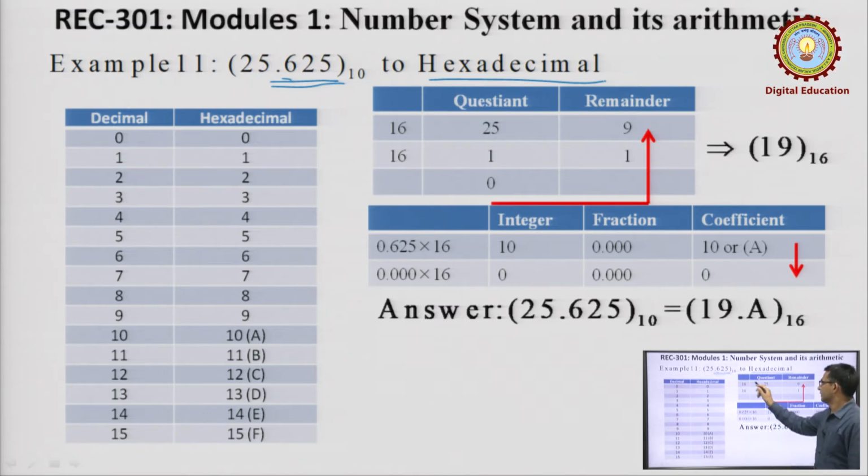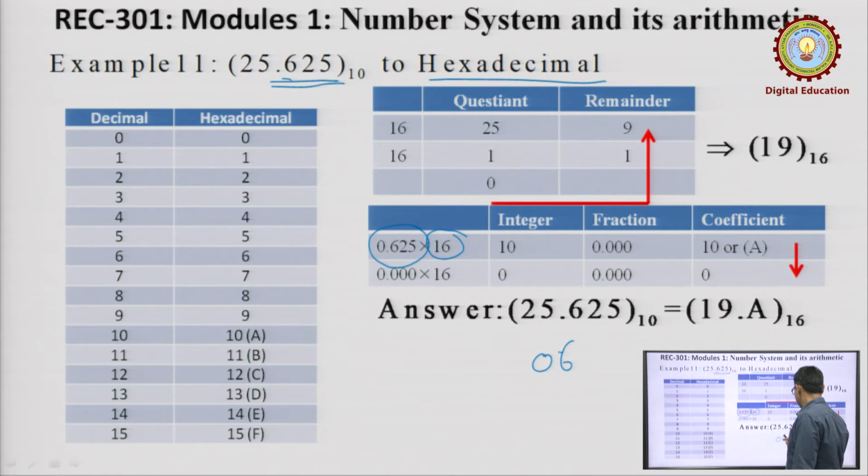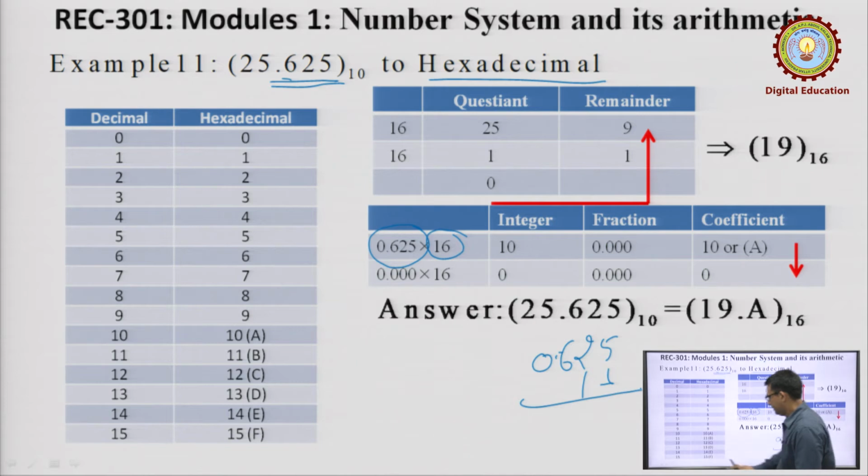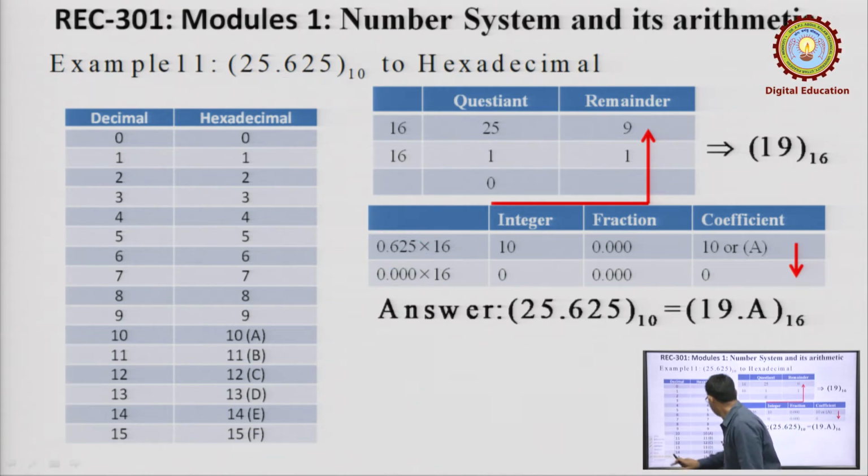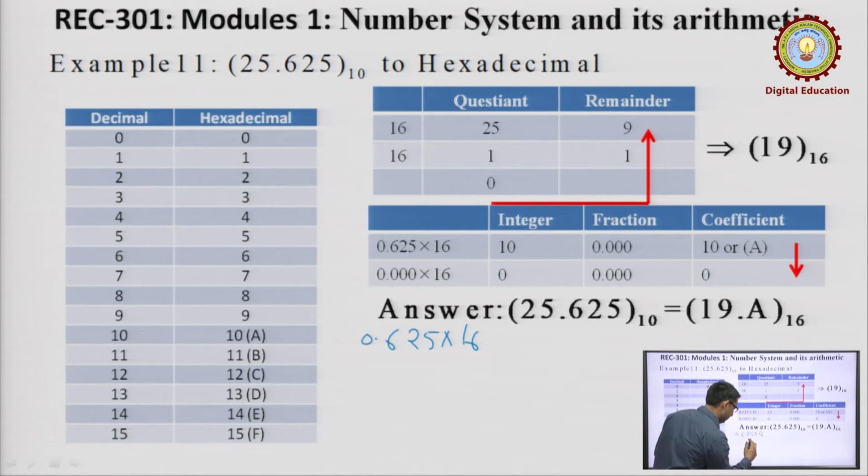So this fractional value will be multiplied by 16. If we multiply 0.625 by 16.